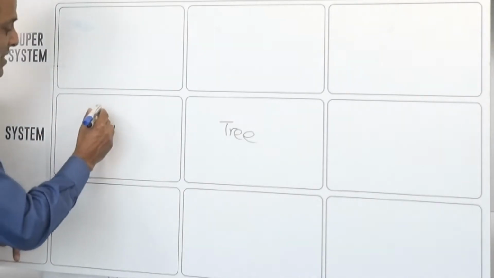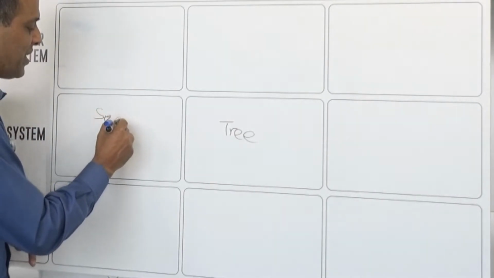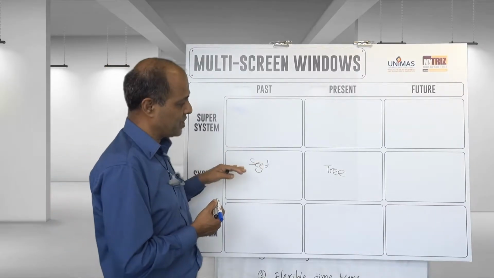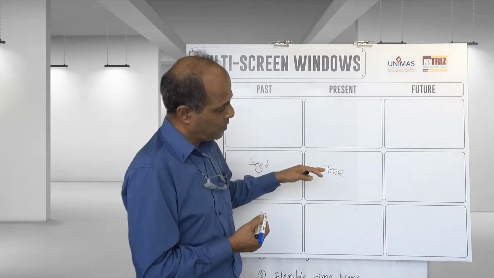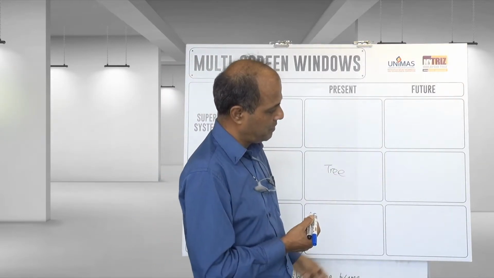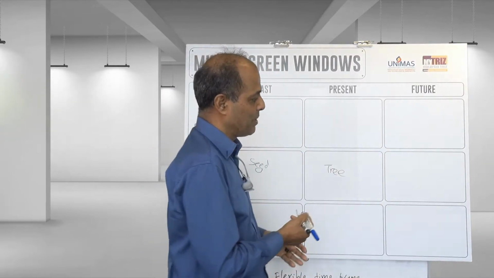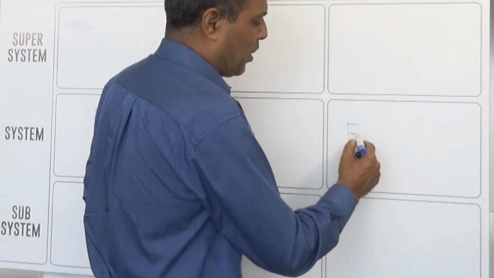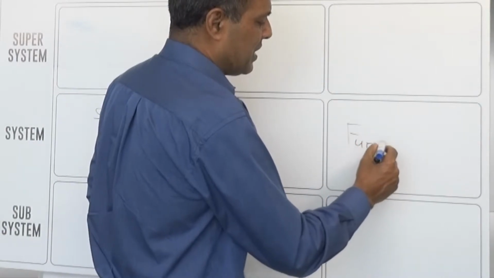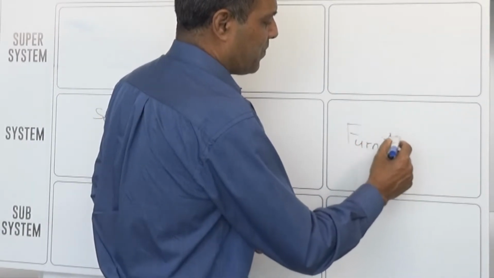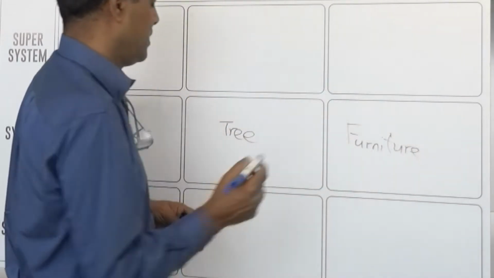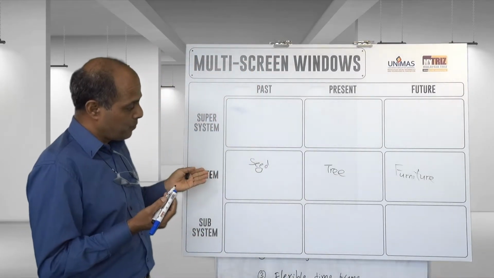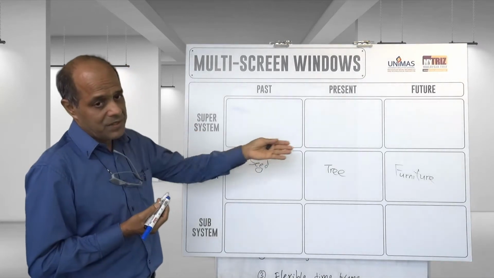So we have the seed as the past of the tree. When we look at the temporal dimension, the tree could become wood, and it could be made into a form of furniture. So just taking an example of the temporal dimension, we have the tree becoming furniture. This is the first dimension.